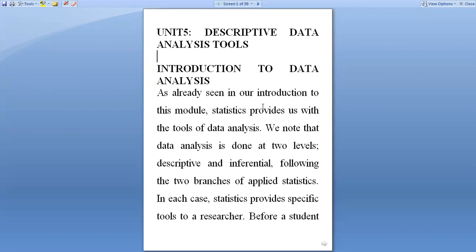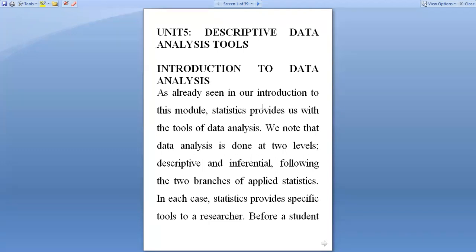We are also going to look at how we use each tool to analyze the data, and finally, how to interpret results from each tool. So those are 5 things you are supposed to achieve in this unit. If you don't achieve them, then you have not understood this.